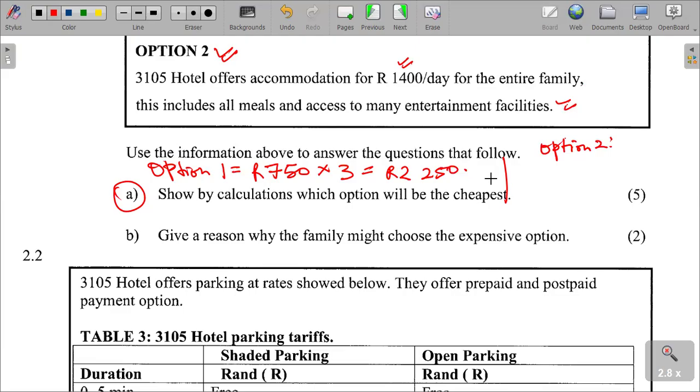So option two is 1,400 multiplied by 3 days, and it gives us an amount of 4,200 rand.